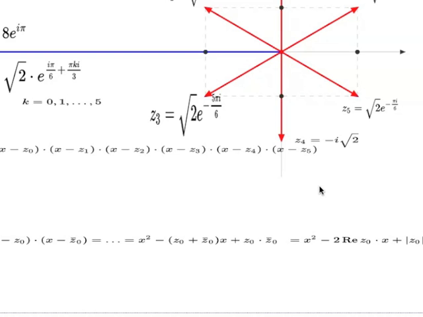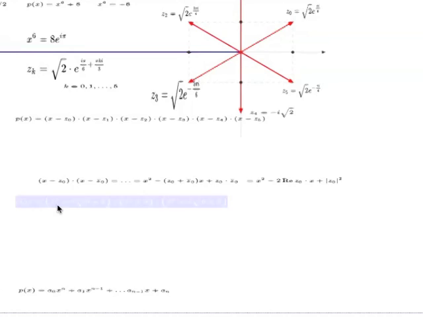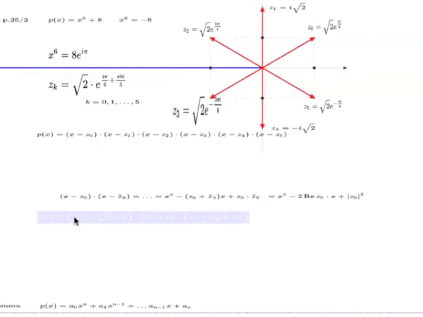The only requirement to do this trick is that the roots must come in complex conjugate pairs. Let's do this trick for my actual factorization here.